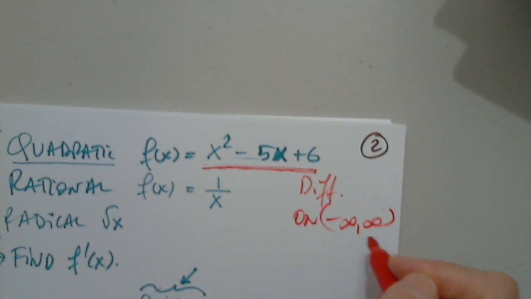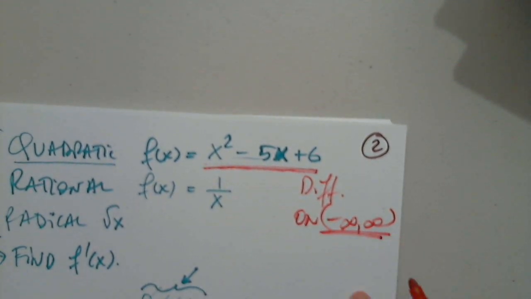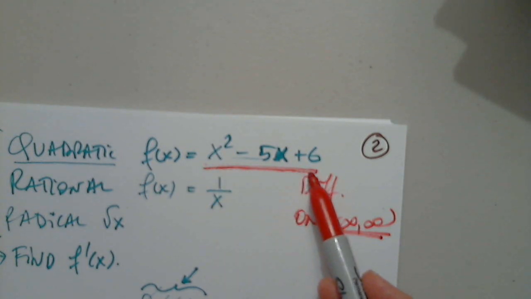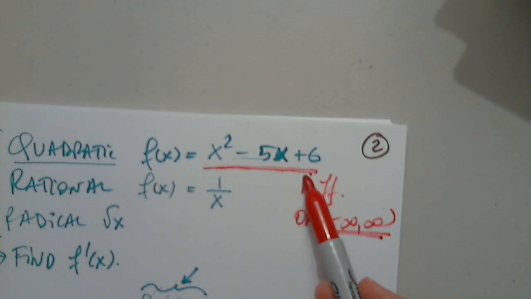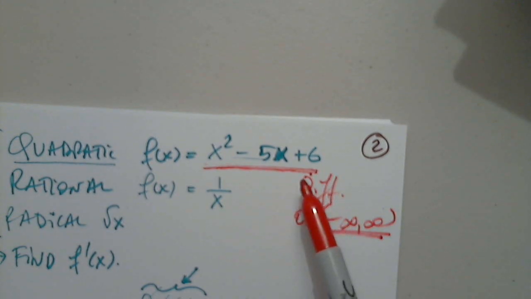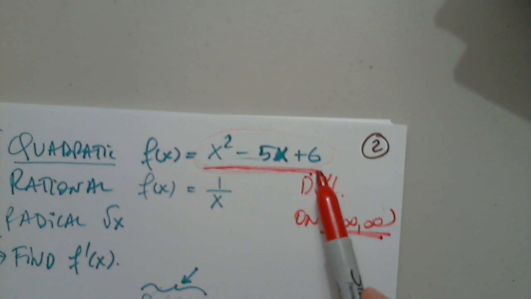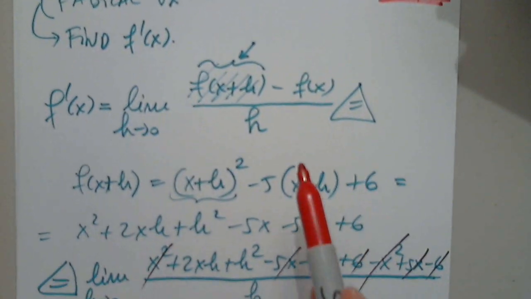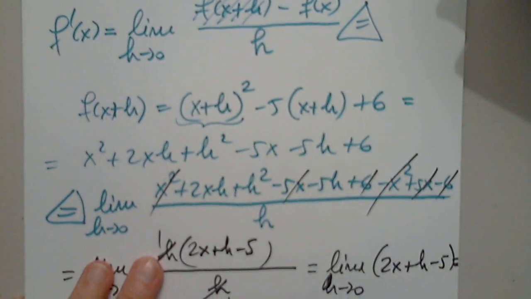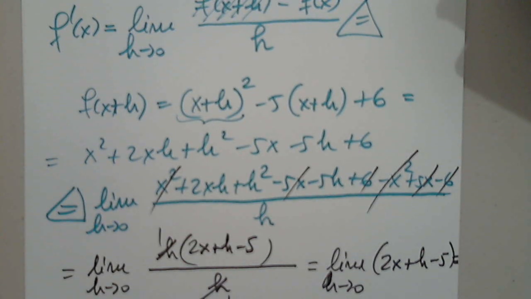By everywhere we mean everywhere. Why? It's guaranteed not to have cusps, corners, or vertical tangents. This will never, ever be not differentiable. So the derivative of that function is this. Notice that that is quadratic and this is linear.